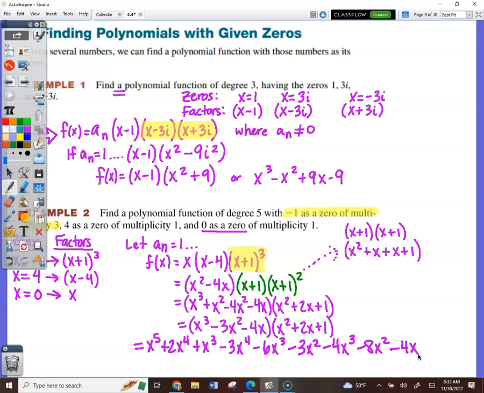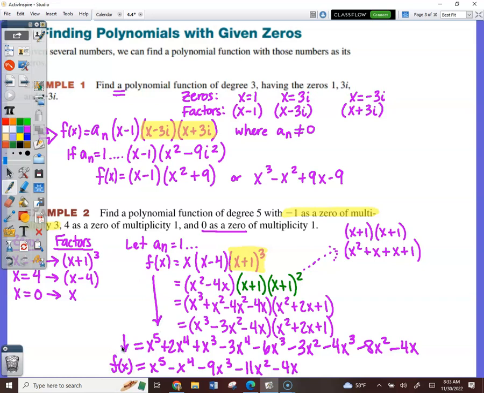Yeah. So when you clean all that up, you should come to x to the 5th minus x to the 4th minus 9x cubed minus 11x squared minus 4x. There you go.